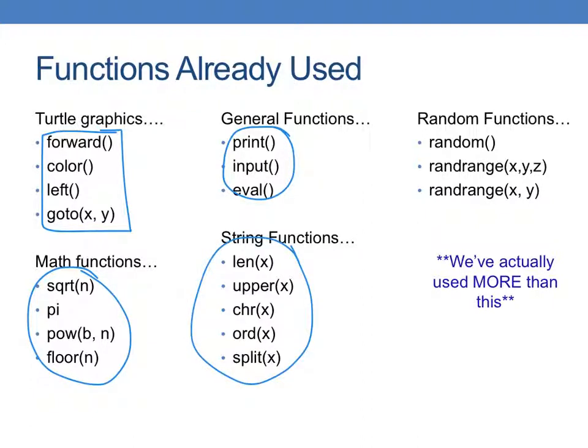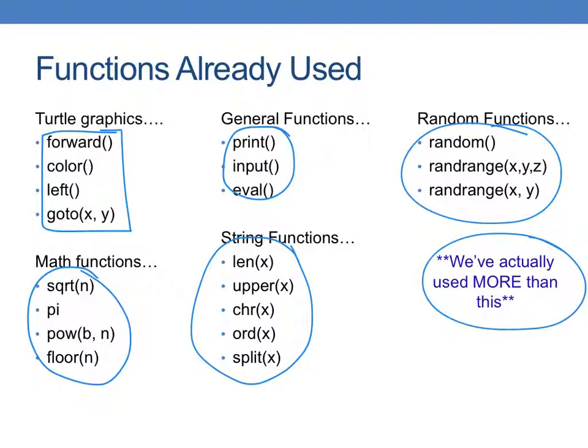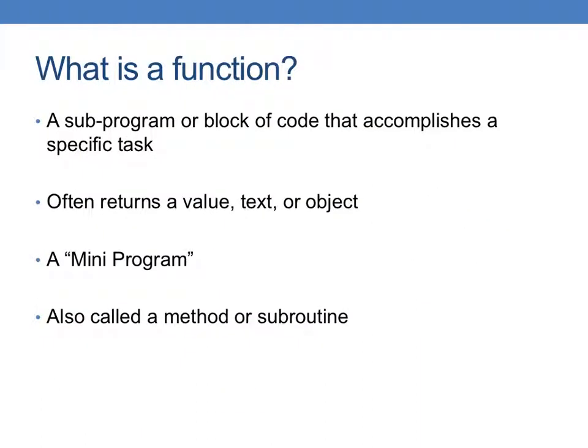With all of the string functions we used, those are functions. The random numbers, we've used tons of these so far, and you can identify them by those parentheses at the end. And we're going to talk more about what these values on the inside represent, but all of these are functions that you've used in the past. So they're already pre-written by Python, and this chapter is about writing our own.